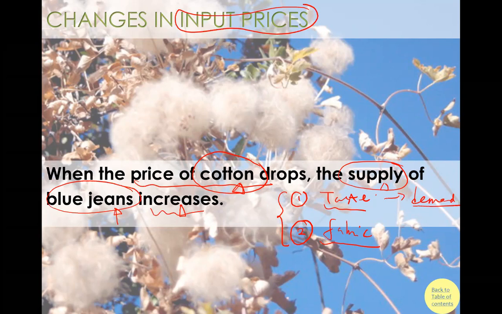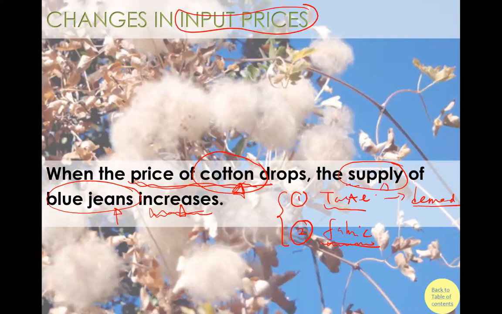If that's the case, the supply of blue jeans will increase substantially. But the increase is not necessarily caused by the price drop of cotton. It probably is caused by the price drop in a fabric that is a perfect substitute for cotton, whose price drops most significantly.